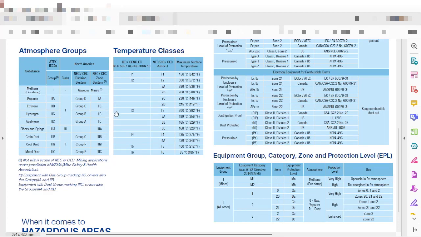And that is true because you can see that hydrogen and acetylene have a much lower ignition energy. So if I have equipment able to handle hydrogen and acetylene, I can use this equipment to handle propane and ethylene because they are less flammable than hydrogen and acetylene.